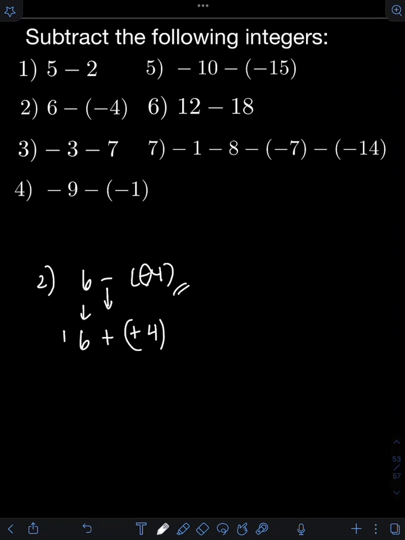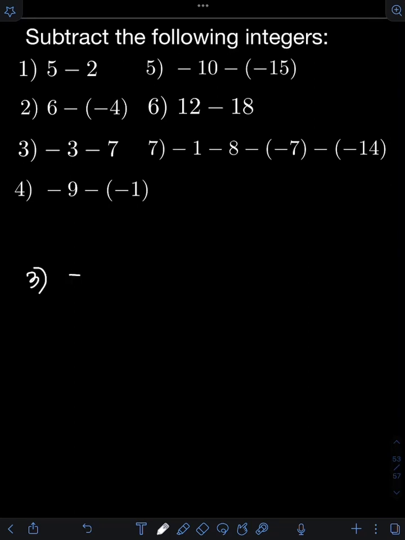They are like signs, both positive. Applying the rule for addition of like signs, we just add the absolute value of the numbers disregarding the sign. So 6 plus 4, that will be 10. And then we copy the same sign, which is positive, on the final answer. So we have positive 10, or simply 10.